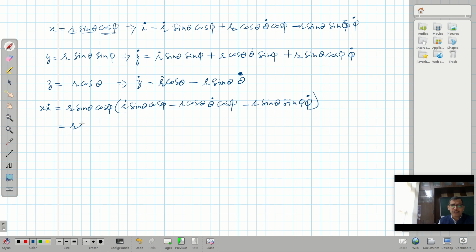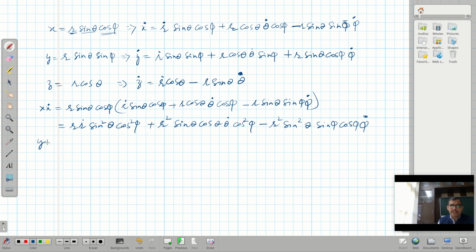So it is r dot sine square theta cos square phi, then plus r square sine theta cos theta theta dot cos square phi, and then minus r square sine square theta sine phi cos phi phi dot.